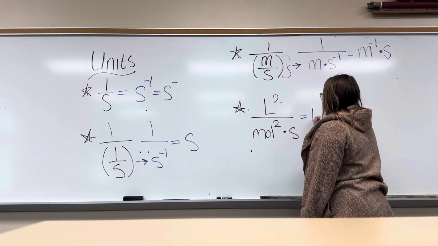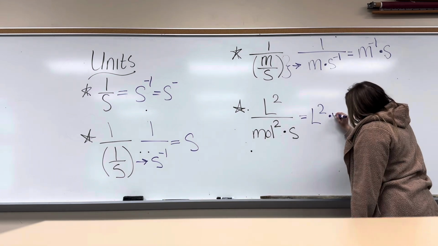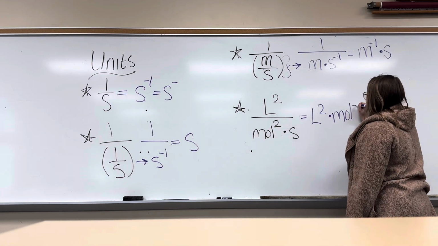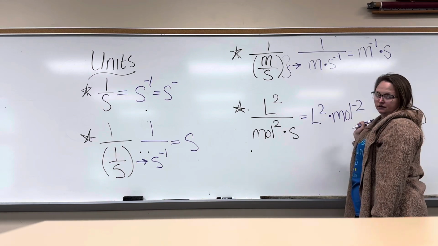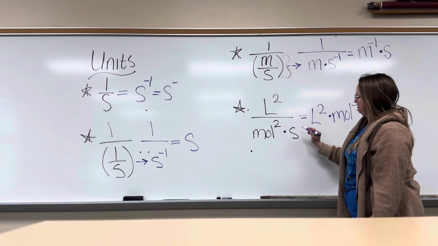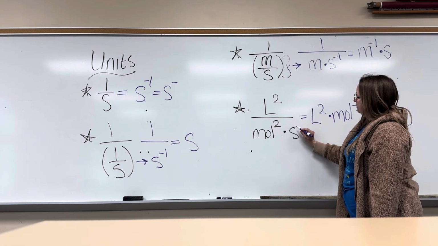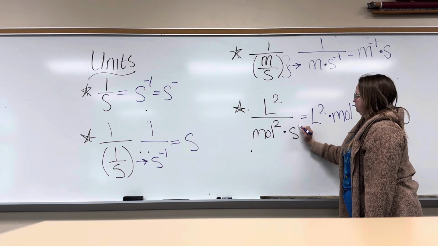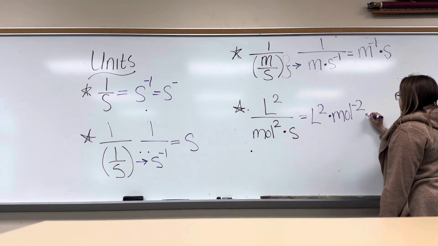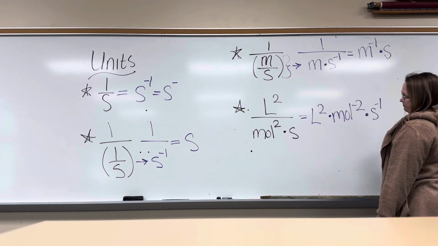So you still have liters squared times moles to the negative 2, okay, times, and we're gonna take this s to the understood positive 1, right? We're gonna take that s to the positive 1 and make it to the negative 1 up here. So times seconds to the negative 1.